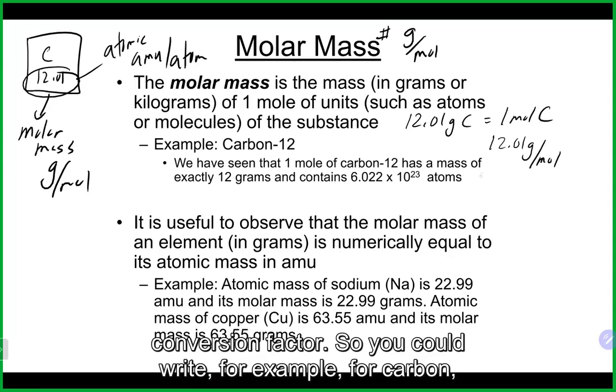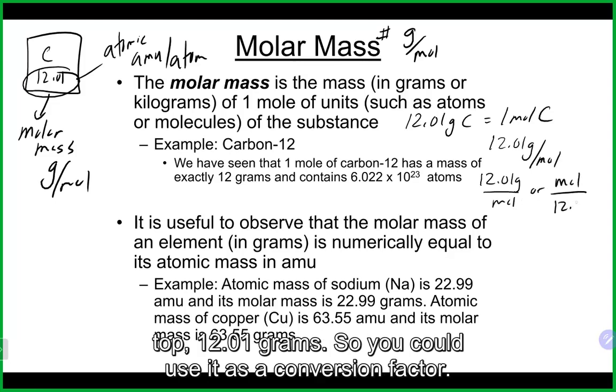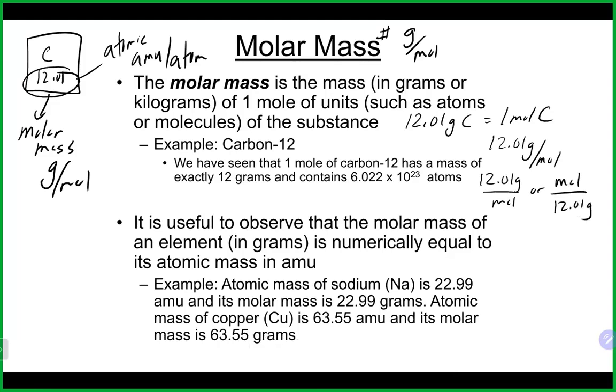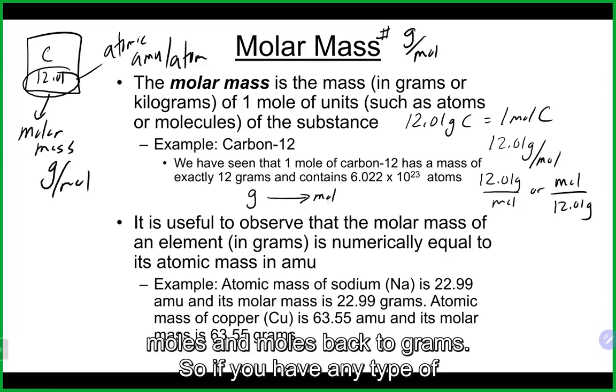It is a conversion factor. So you could write, for example, for carbon, 12.01 grams over a mole. And you could use it with the mole on top, 12.01 grams. So you could use it as a conversion factor. And it is the conversion factor that we use to go from grams to moles and moles back to grams.